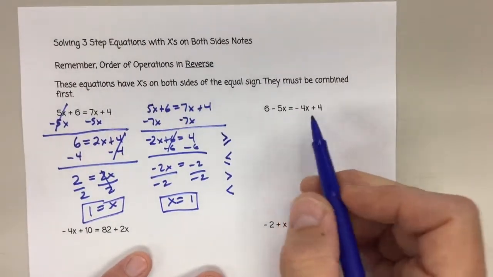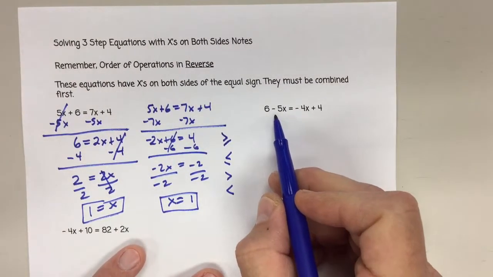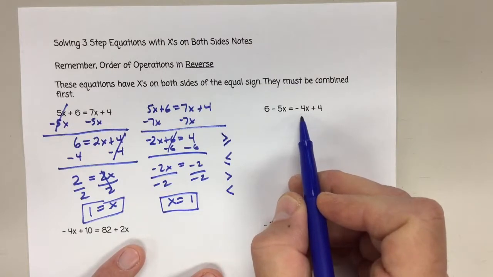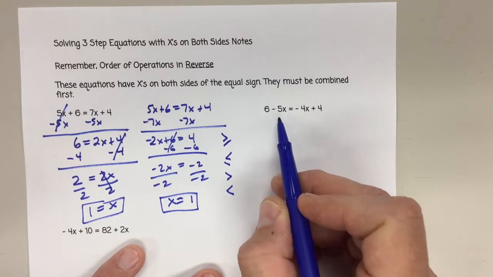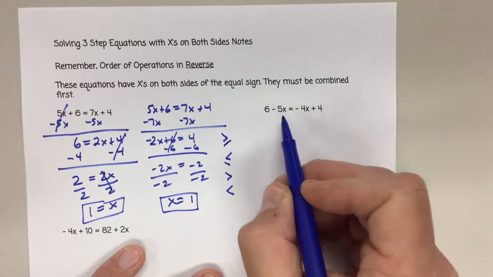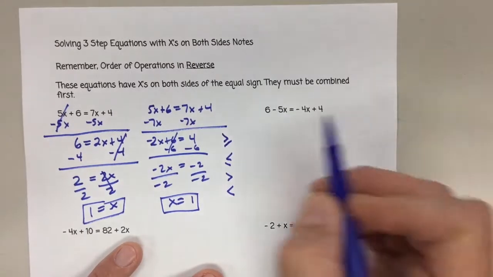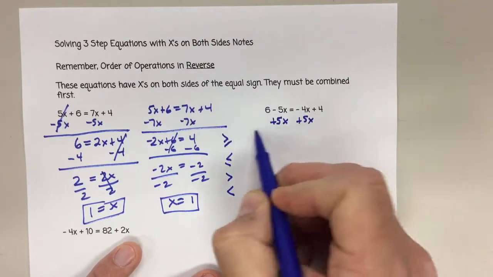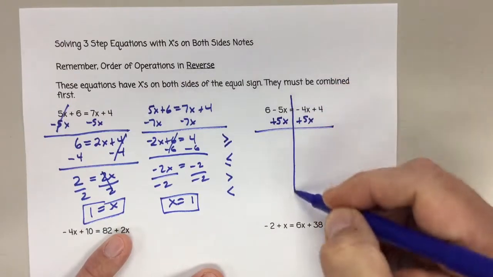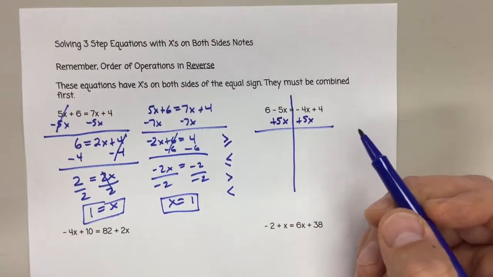Let's try the second example. Here my two terms are negative 5x and negative 4x. Negative 5 is smaller than negative 4. Think the more negative a number is, the smaller it is. So I'm going to move negative 5x to this side. And the way I do that is do the opposite. So I'm going to add 5x to both sides. And you can use the line that we learned before if you wish.